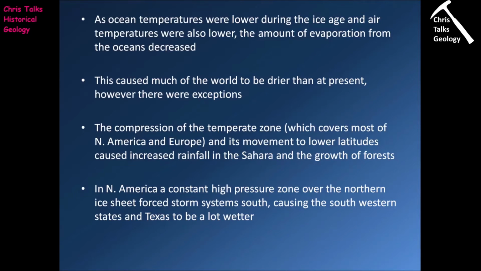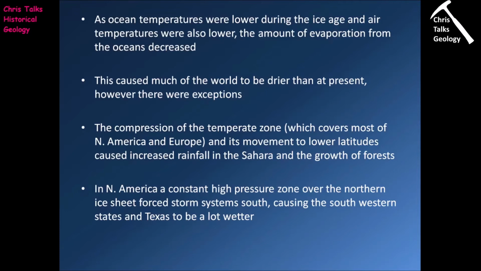Now, this movement of the temperate zones towards lower latitudes, towards the equator, essentially led to increased rainfall in areas which we would now consider to be quite dry. So it meant that areas like the Sahara or the southern US states like Arizona, New Mexico, Texas would have had much higher rainfall. And this would have led to quite substantial forest growth.